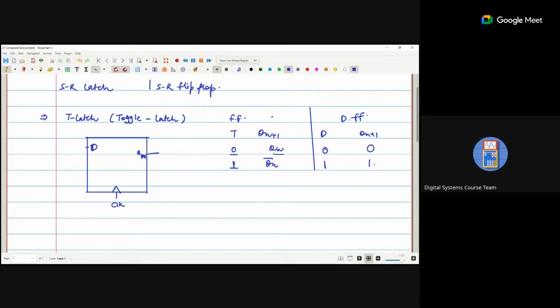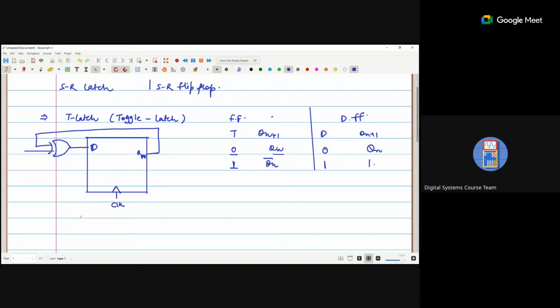So I give one XOR gate and use the Qn as one input of the XOR.